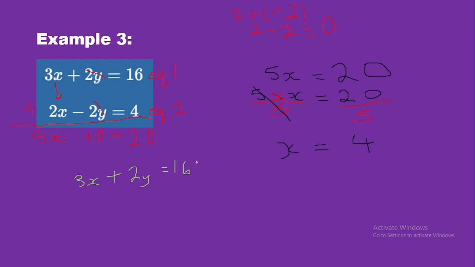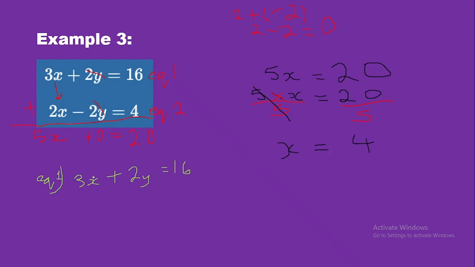This is my equation 1. Alright, so 3x plus 2y is equal to 16.